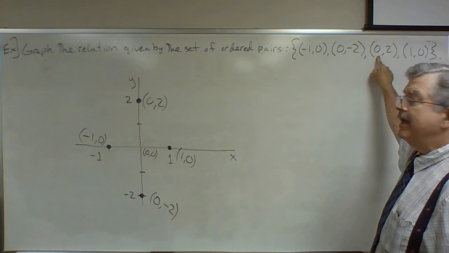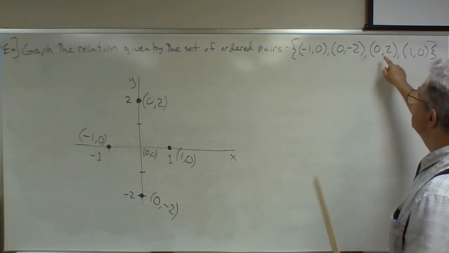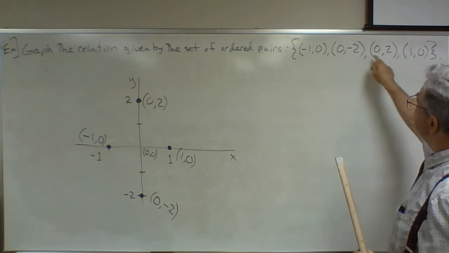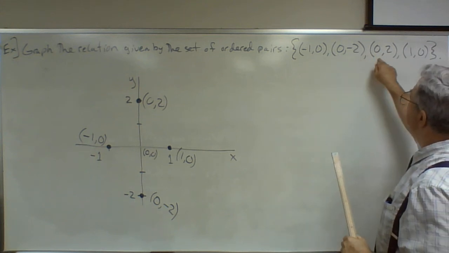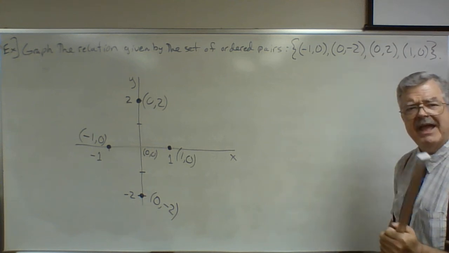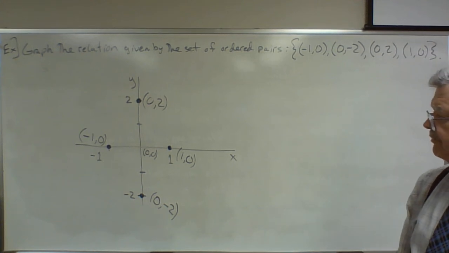And that meant that we had 2 different y coordinates being mapped to the same x coordinate. So these 2 ordered pairs are the problem. They have the same x coordinate, 0.